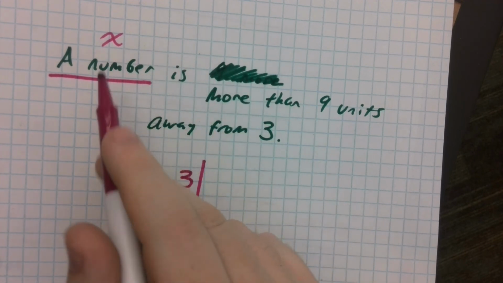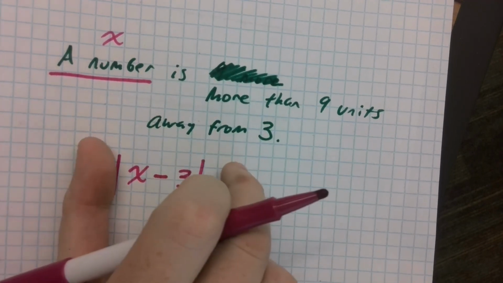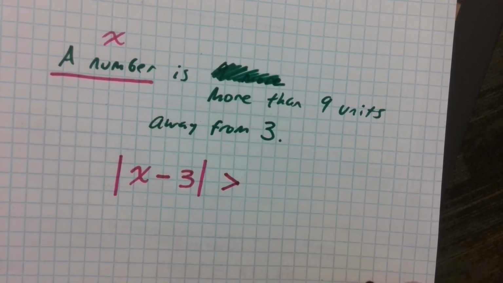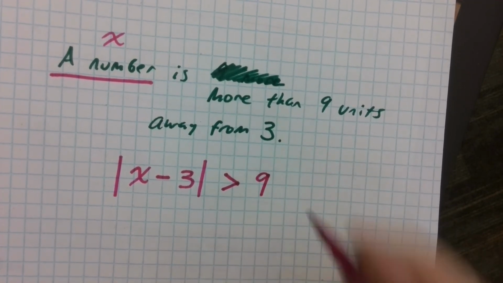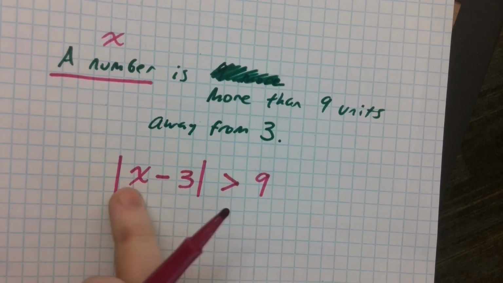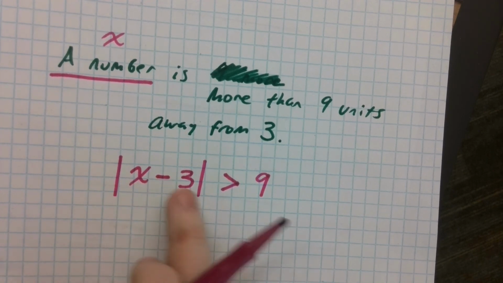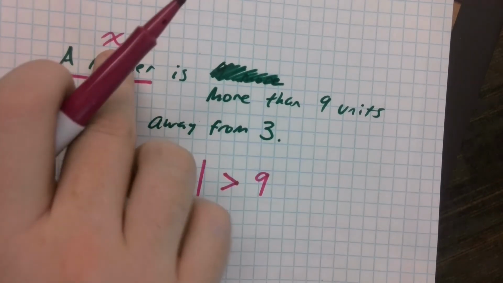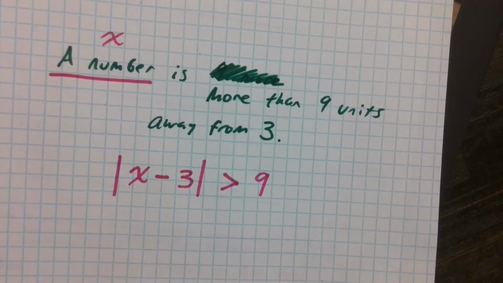And since this whole thing is more than 9 units away, we use a greater than symbol and our 9. It's sort of hard to conceptualize sometimes, but the idea is your x should always go with wherever your starting point is, or your given. In this case, our starting point is 3, so we write x minus our starting point.